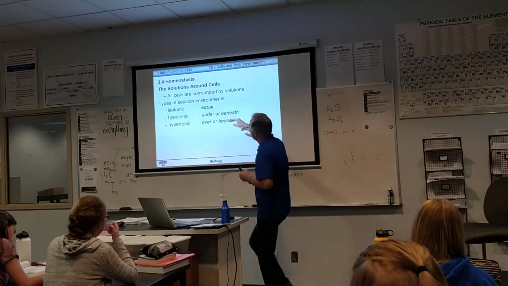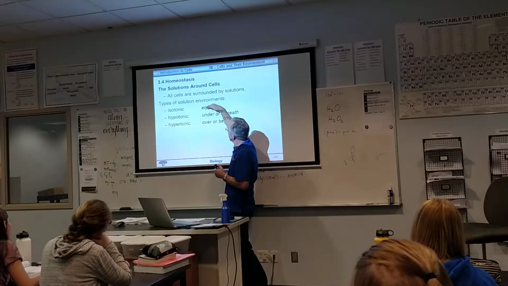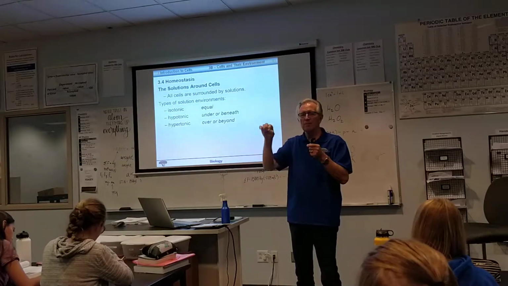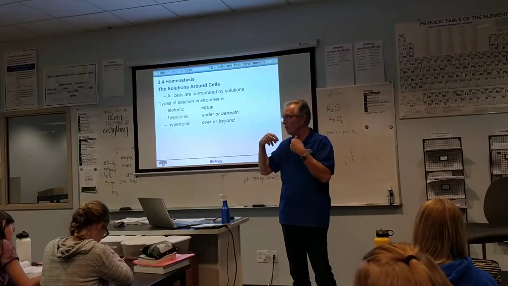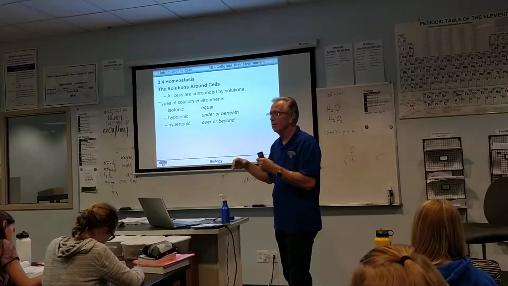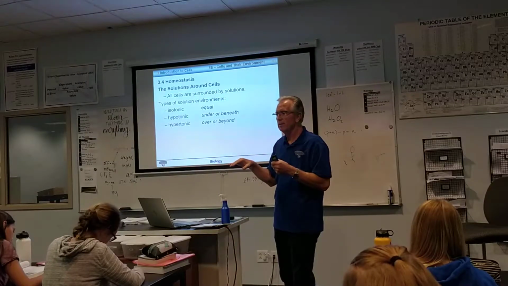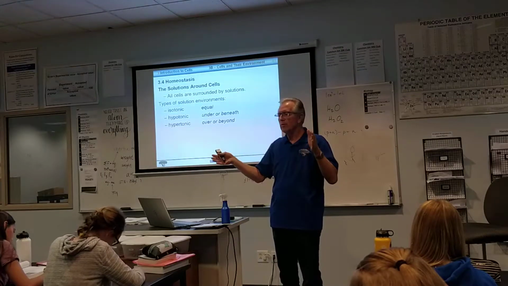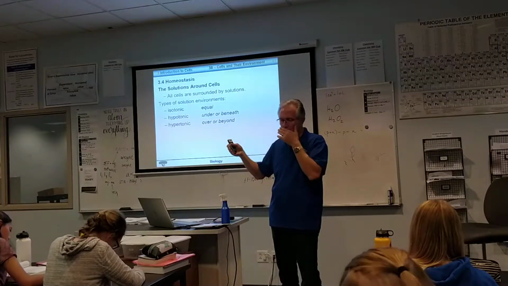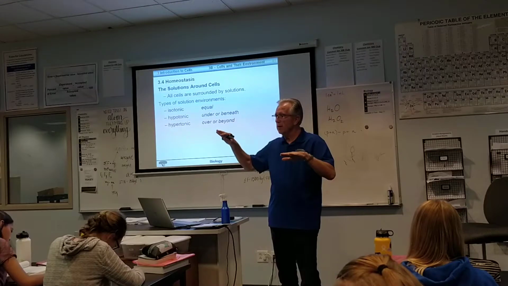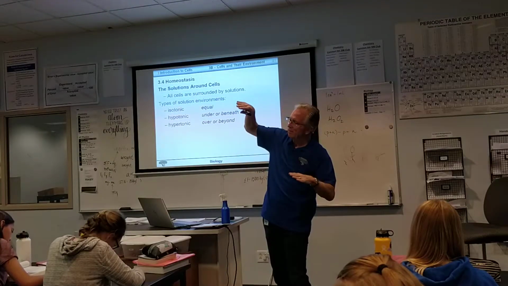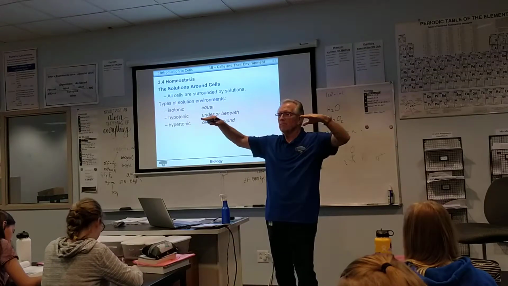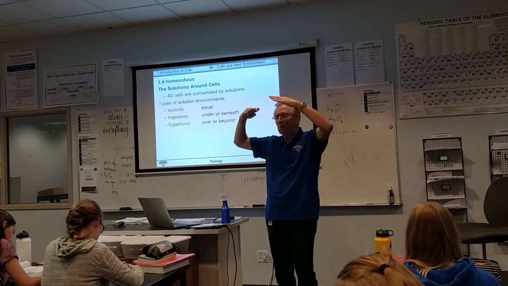So if the amount of solids dissolved in the water outside the cell is the same as the amount of solids in the water inside the cell, then we call that isotonic. And so there's no concentration gradient. There's not a concentration hill. It will be moving back and forth equally.